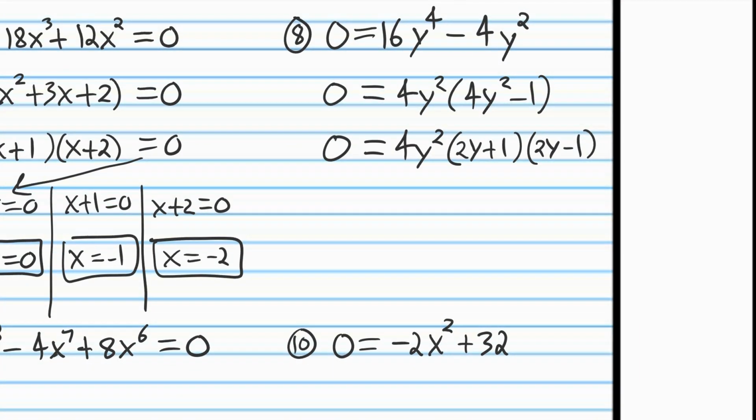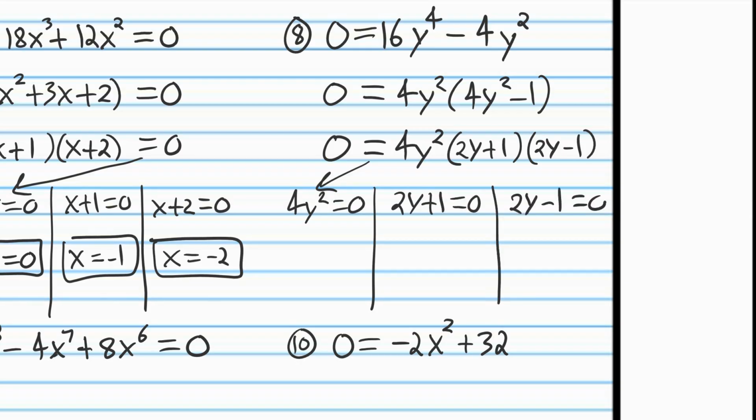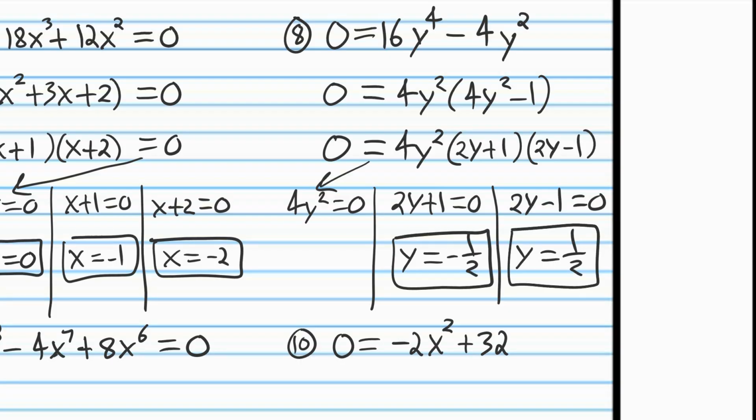All right, so we've factored it completely, and the factorization allows us to see the solutions. That's why we're factoring, because it allows us to see the solutions very easily. So we just solve these equations, and we get y is equal to 1/2, y is equal to negative 1/2, and of course y is equal to 0.